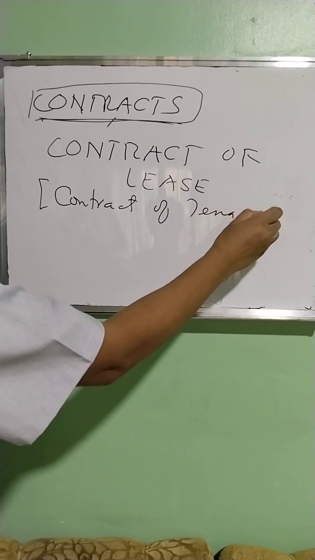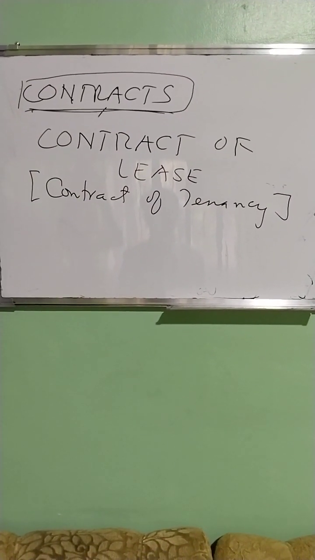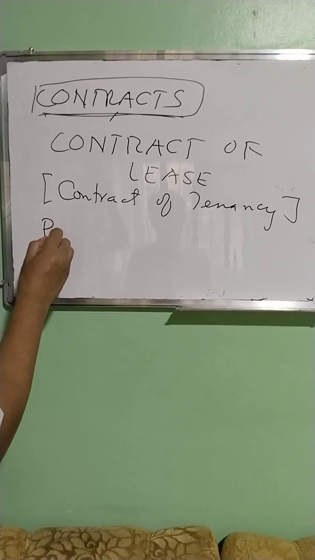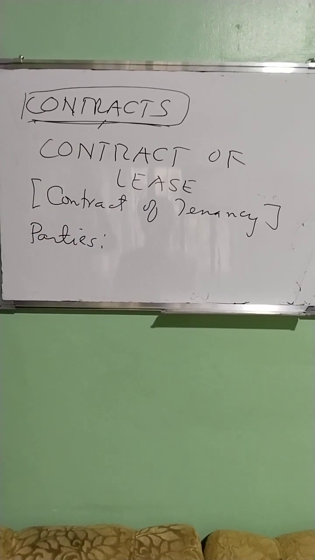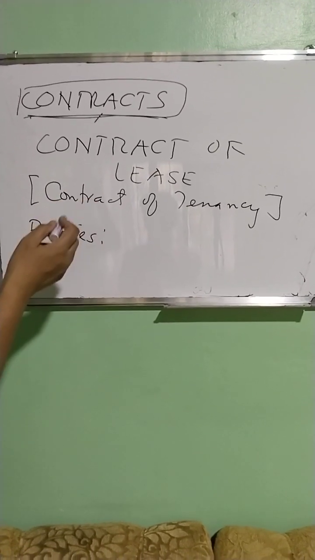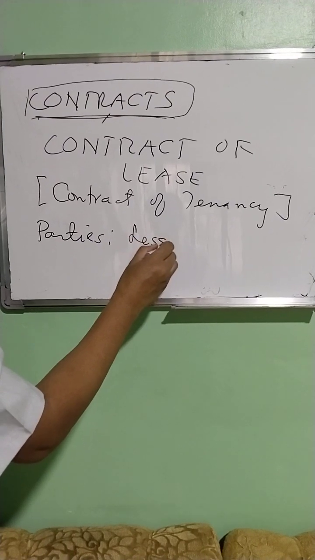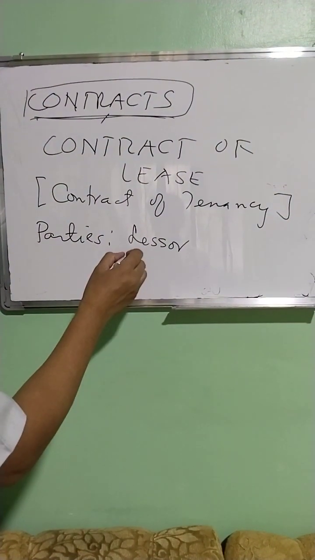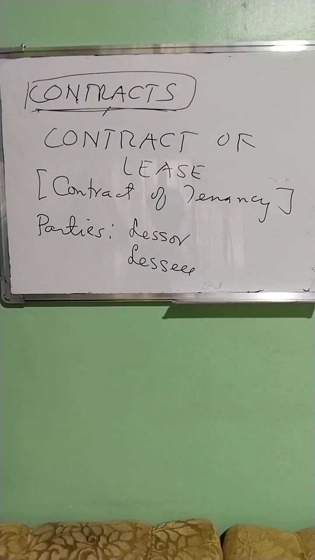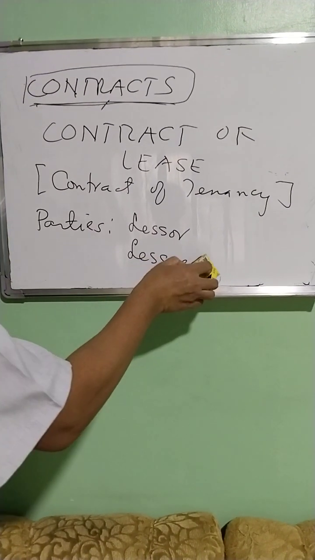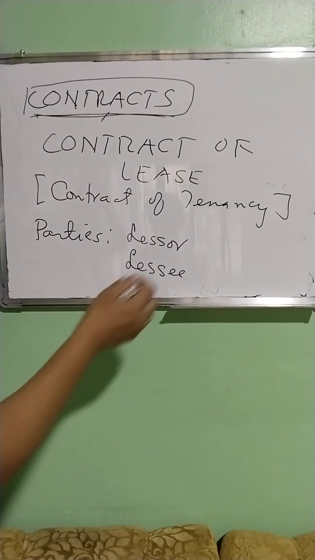This is just a specific example of a contract. Here we have to define the parties. The parties in a contract of lease are the lessor and the lessee. Now, who is the lessor?